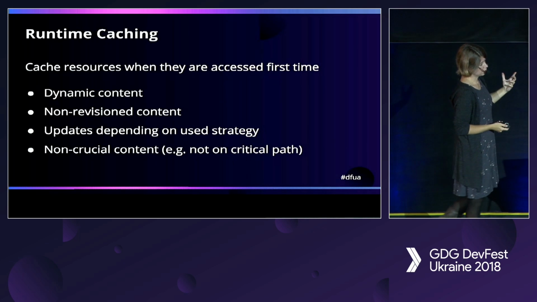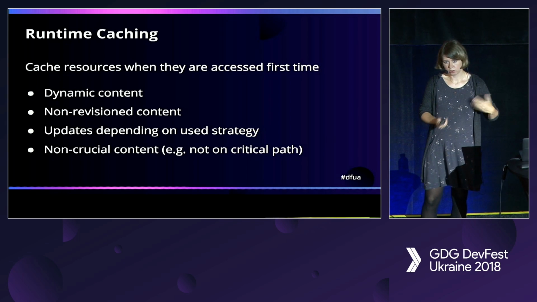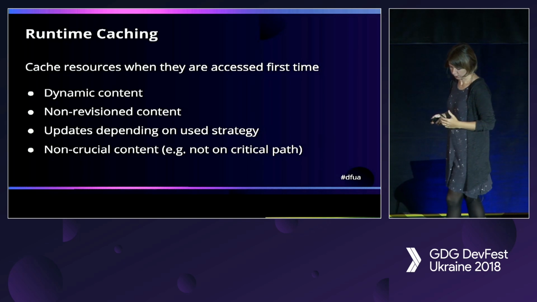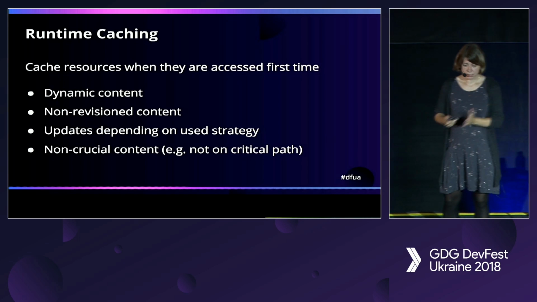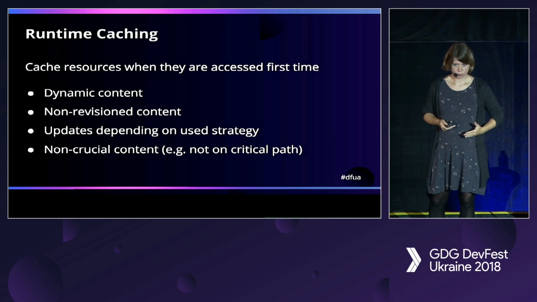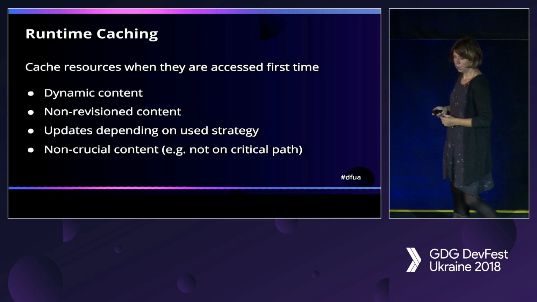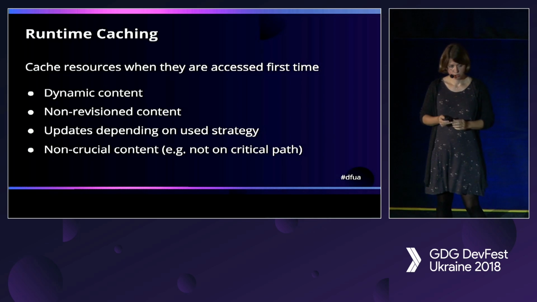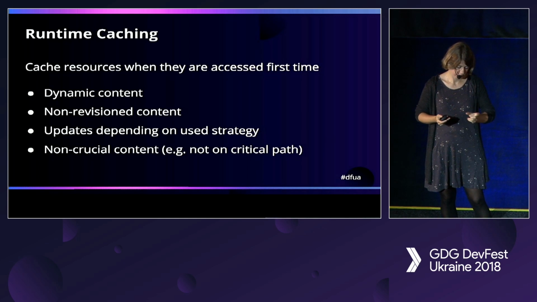So now runtime caching. Runtime caching happens after the installation, during the normal life cycle of the web page, right? So you cache resources usually either when they are accessed for the first time or when the user, through user action, requests those resources from the server. It's very good for dynamic content. For example, if you have a blog, right, and you have a title embedded in the URL, you don't want to put a versioning hash there, right?